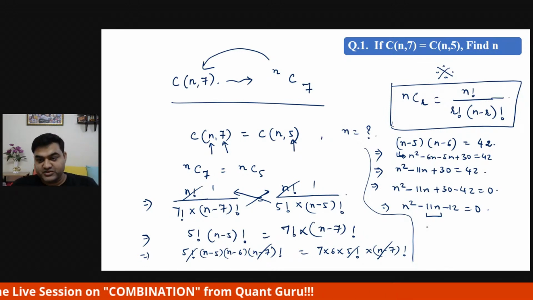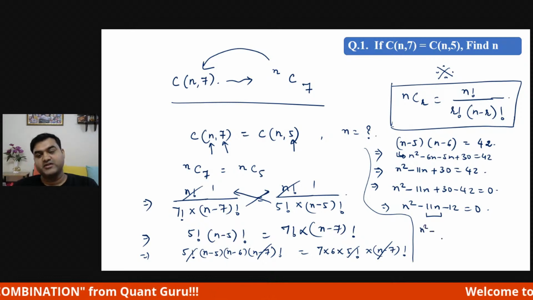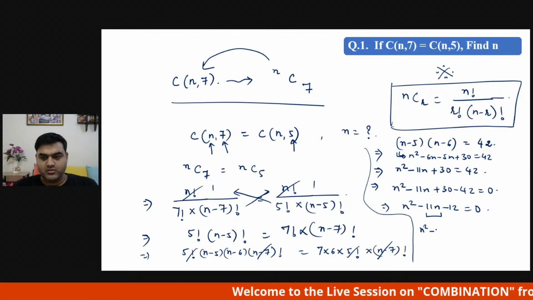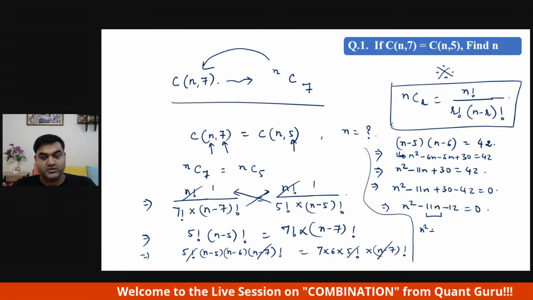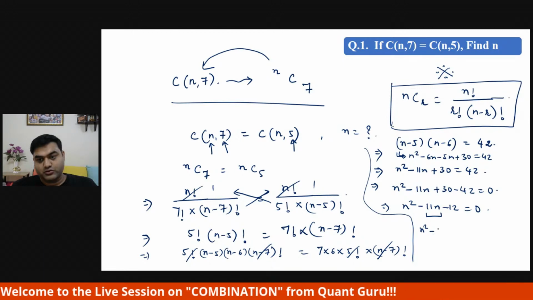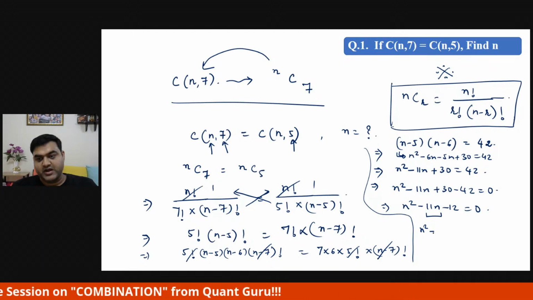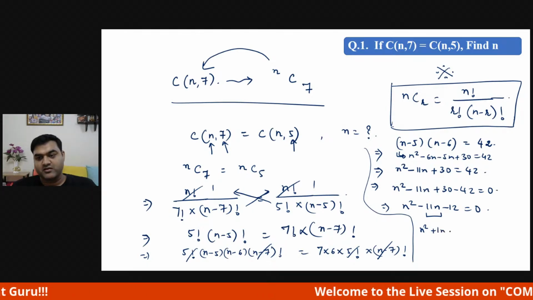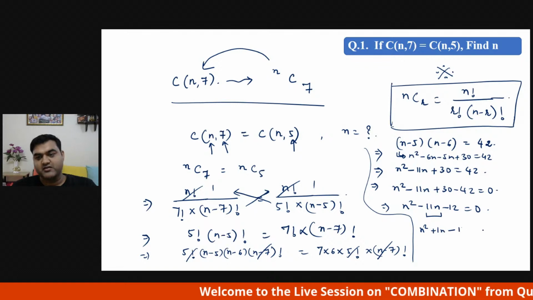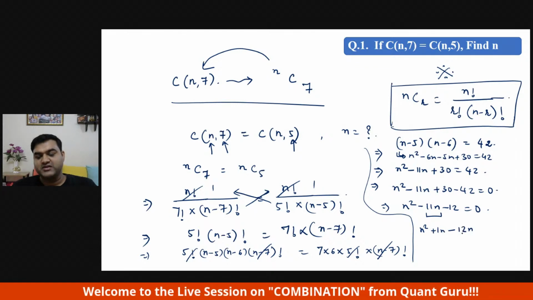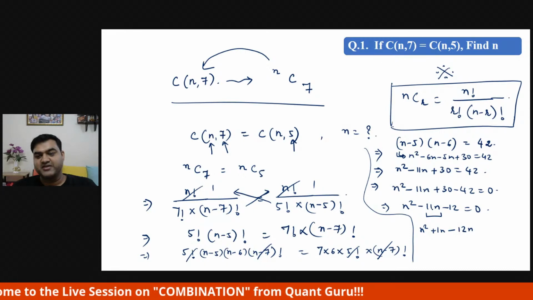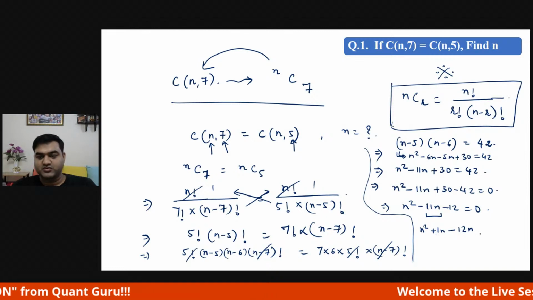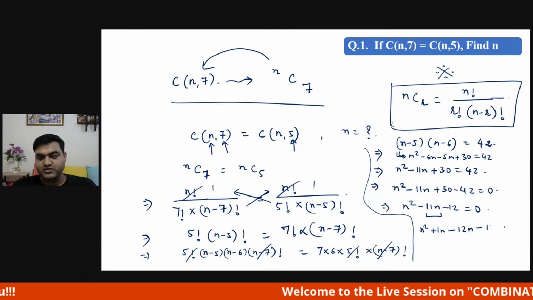So n square, plus 1n minus 12n. So plus 1 and minus 12 will become minus 11n, and if you multiply 1 into 12, it is minus 12. Okay, so minus 12 is equal to 0.